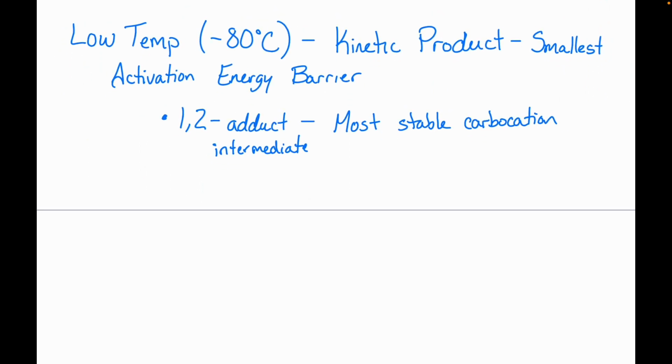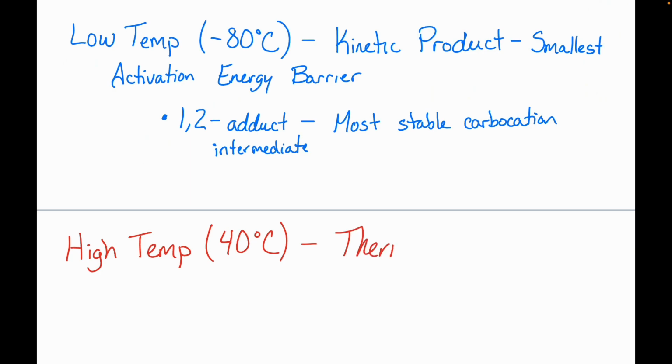All right, at high temperatures, which is really not that crazy, 40 degrees Celsius. High temperatures, these are conditions that will favor the thermodynamic product, which is a fancy way of saying the most stable.